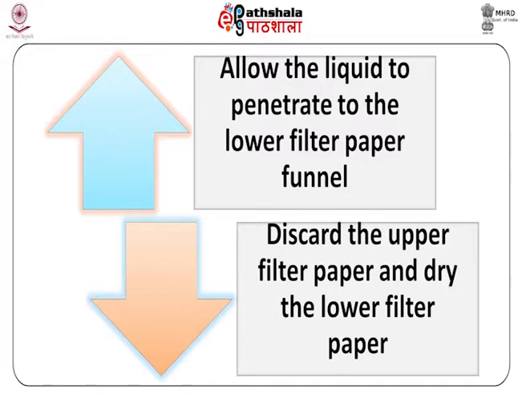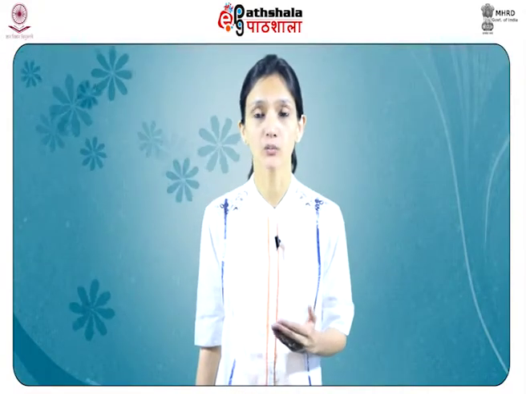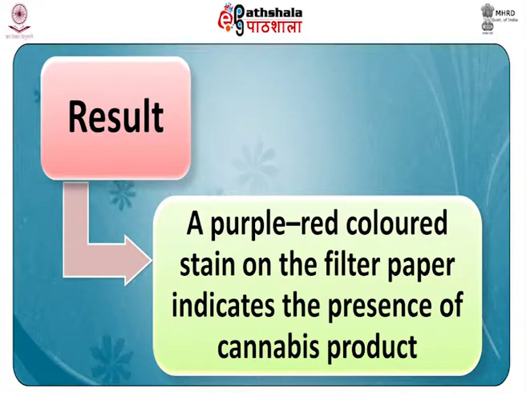Discard the upper filter paper and dry the lower filter paper. Now add a very small amount of the solid Fast Blue B reagent to this lower paper and add 2 drops of solution 2. A purple red colored stain on the filter paper indicates the presence of cannabis product.